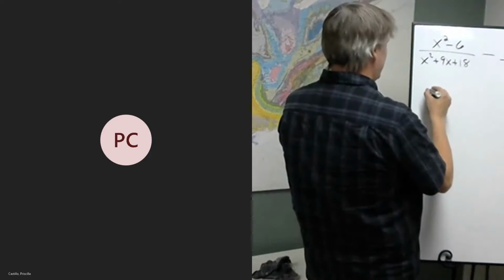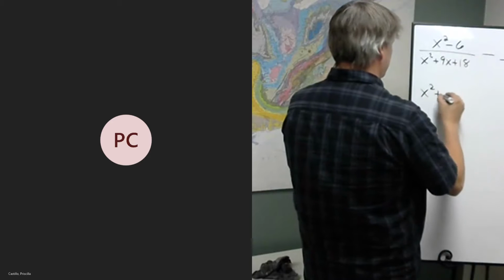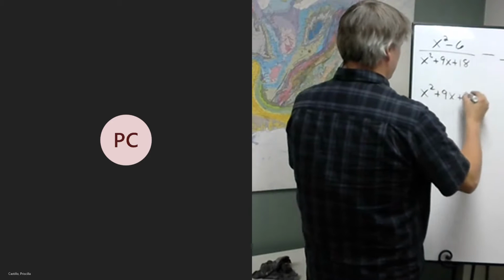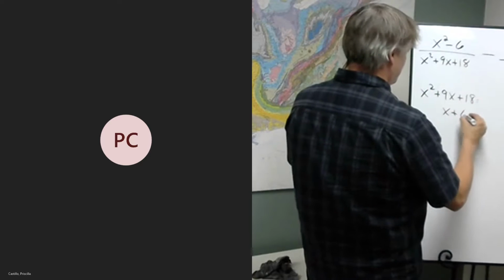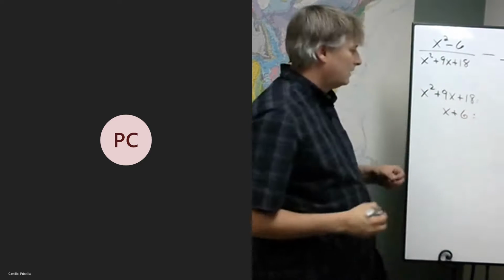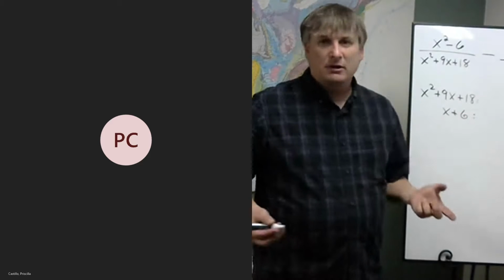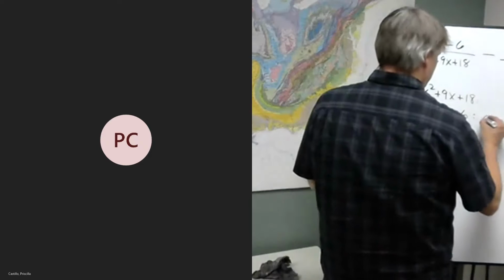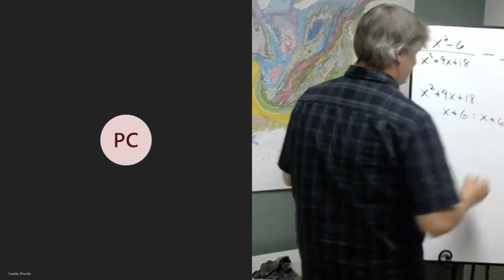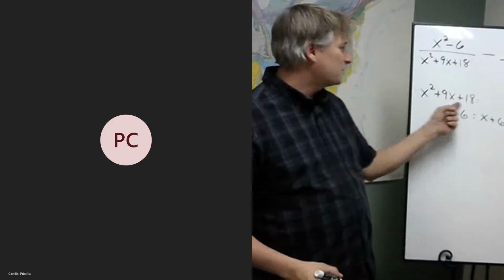So what we're going to do is we need to find a common denominator. So we're going to factor these. Now, this one here, there's nothing to factor. It's just x plus 6. So let's factor this one.